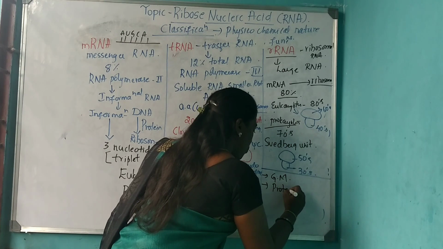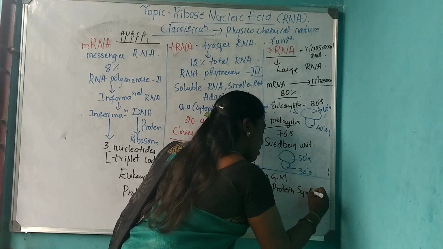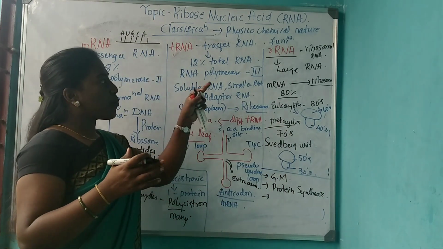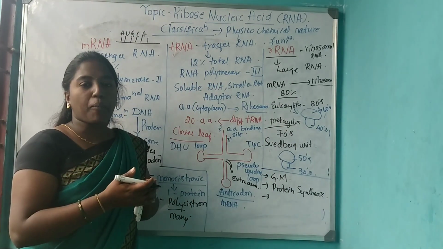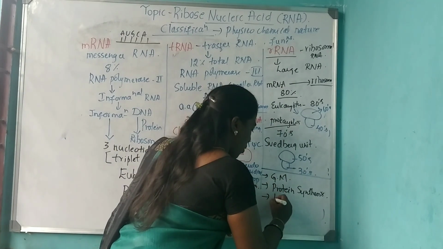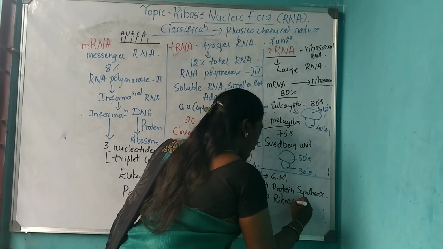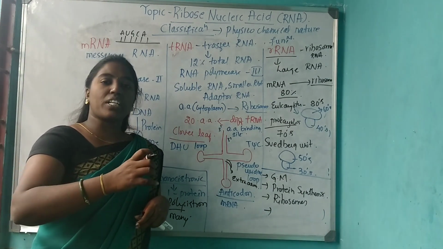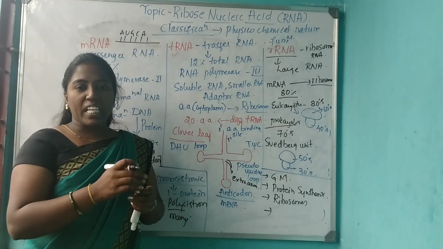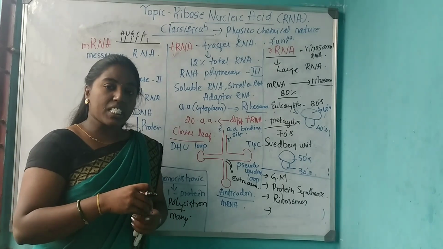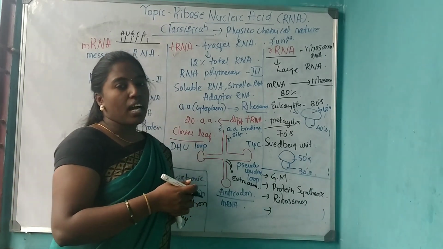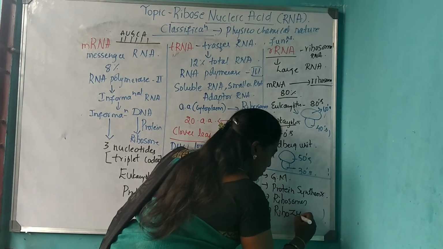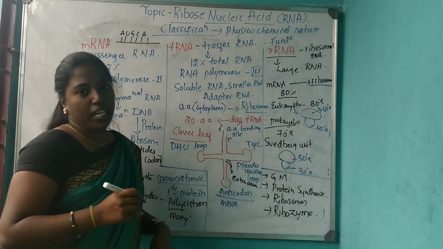Next, ribosomal RNA forms the integral part of the ribosomes. There are some RNAs which function as an enzyme. Usually enzymes are made up of proteins, but some RNAs function as an enzyme, and we call it ribozyme. Z-Y-M-E, ribozyme.